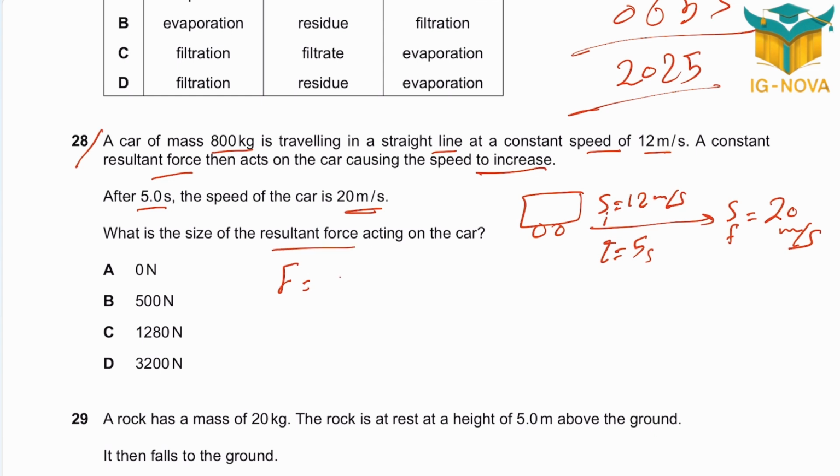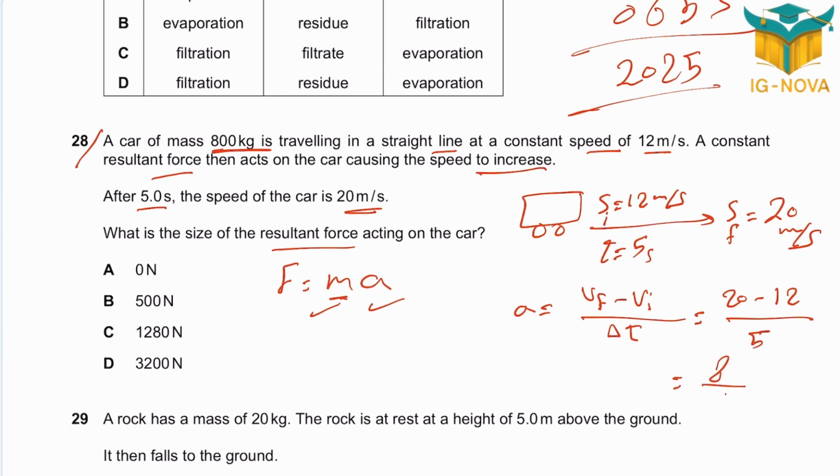For a force, we know that F equals mass times a. The mass is 800. Acceleration we need to calculate, which is Vf minus Vi over delta T. Vf is 20, Vi is 12, delta T is 5.